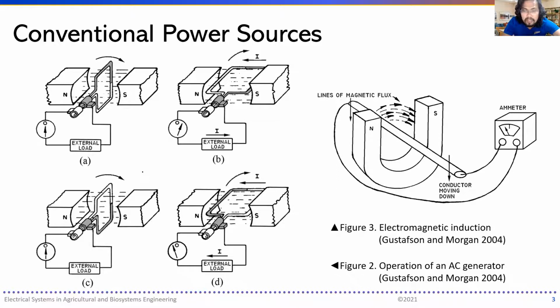Well, they're both British anyway. So in figure 3, following the concept of electromagnetic induction, instead of just one wire, we have a loop of wire, and it is in between two opposite poles.